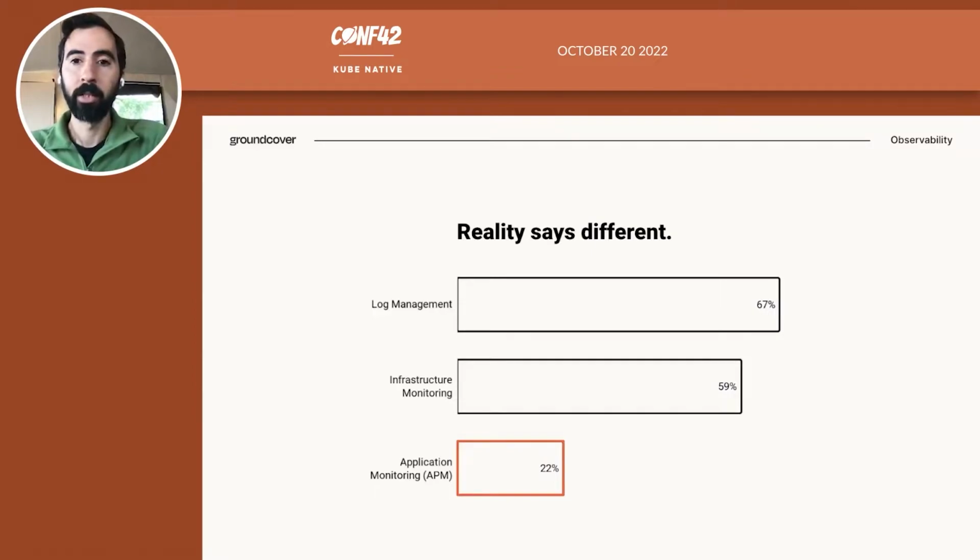I mean, looking at the statistics, log management solutions are highly adopted in the industry, with almost 70% of teams actually using some kind of log management solution, infrastructure monitoring not following too far behind, with almost 60% of teams using some ways to monitor their infrastructure. Yet application monitoring, or APM, is clearly under-adopted, with only 22% of the population actually using an APM solution of some kind.